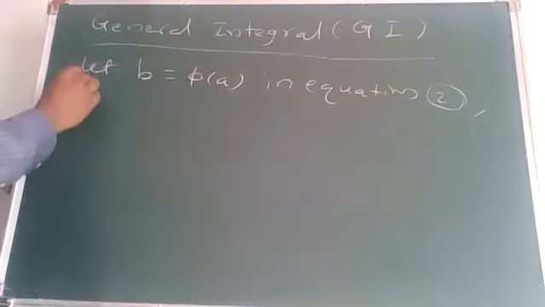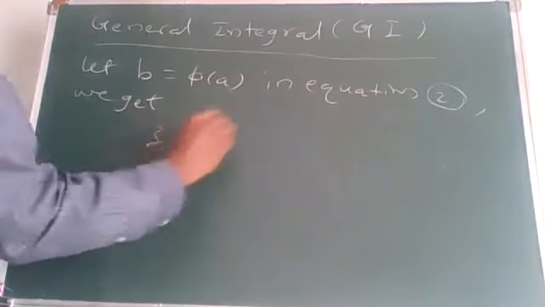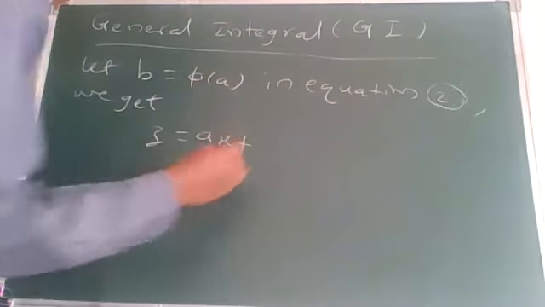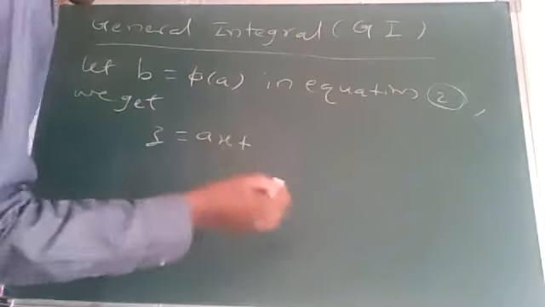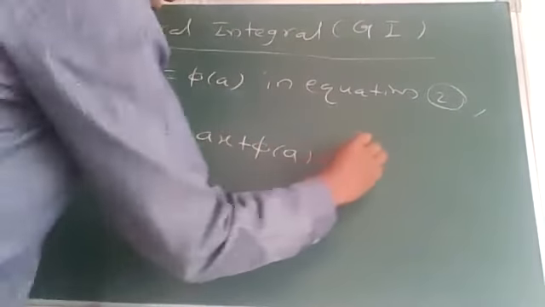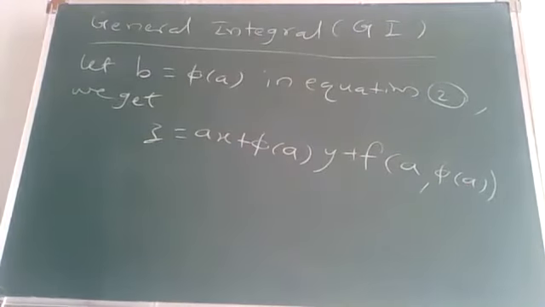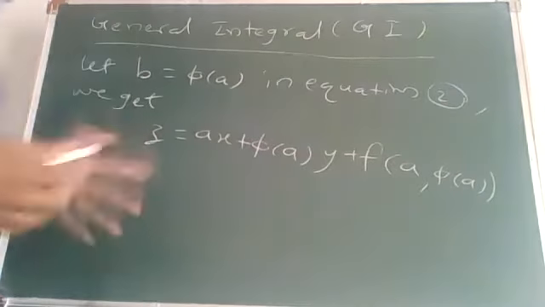In equation 2, we get z equal to ax plus by, and b is now phi of a, so y plus f of a comma b, and b is phi of a. Don't confuse between this f of a phi of a. F is a function of a and phi of a, that means it is again a function of a.